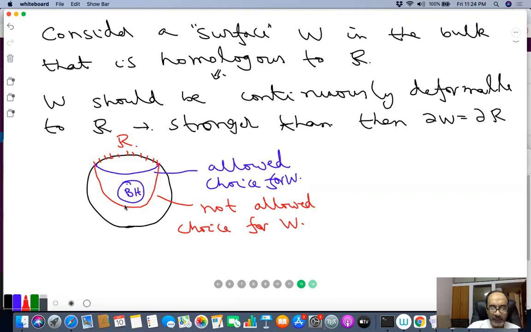But if you take the union of this and the black hole horizon, then that's again allowed, because you can use the black hole horizon to cancel a part of this. You can deform it by wrapping the black hole horizon and then deforming it to R. So union of this and black hole horizon will be an allowed choice. So when you extremize, you have to extremize over all these surfaces. So this is example 1.